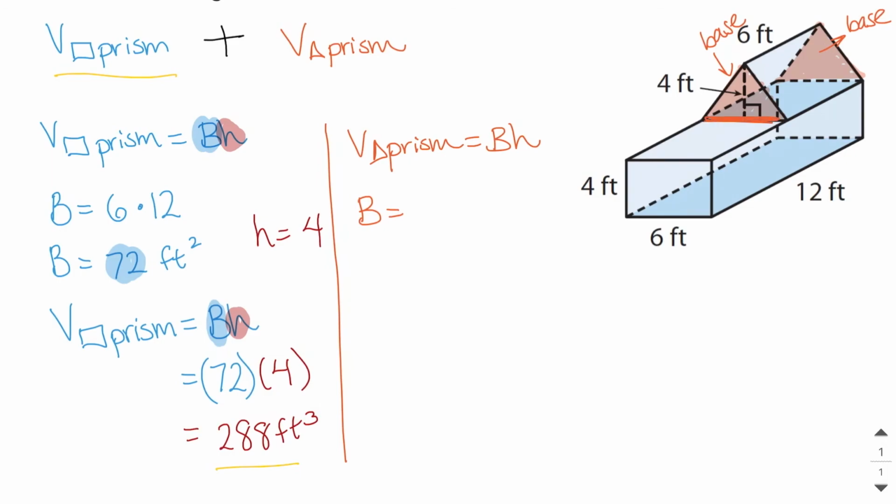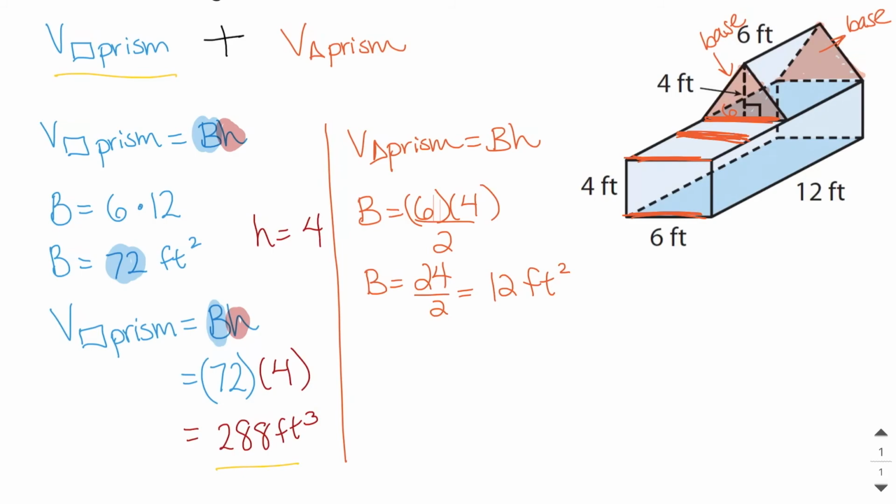And how much is that? Well, it's all the way across right here, so it's equal to this length, so we know this is 6. So to find this area, I would just do 6 times 4, but then divide it by 2 because it's a triangle. 6 times 4 is 24, divide that by 2, and I get 12 feet squared.